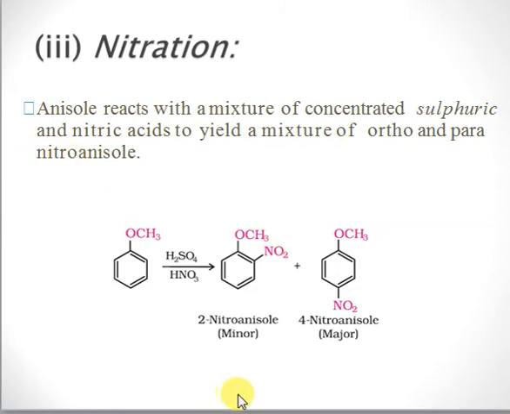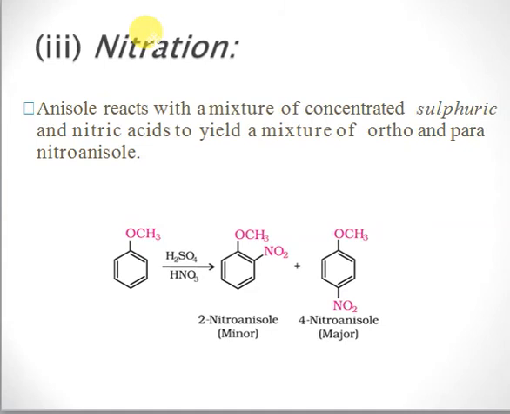So we get a mixture of products with ortho as minor and the para product as the major product. So it's important to note that whenever we have considered these reactions for alkyl aryl ethers, we always say that the ortho product is minor while the para product is major.